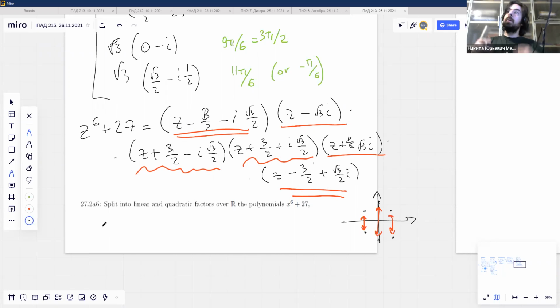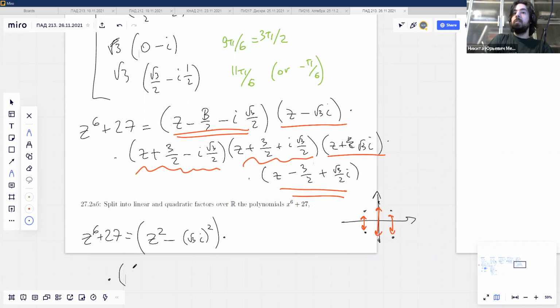I claim I can multiply each pair by each other. For the first pair, this multiplied by this gives me z squared minus (square root of 3 i) squared. This is the difference of squares, something with minus and something with plus.